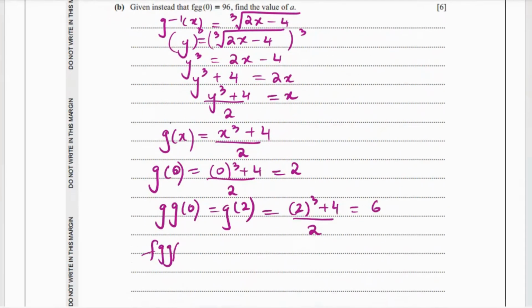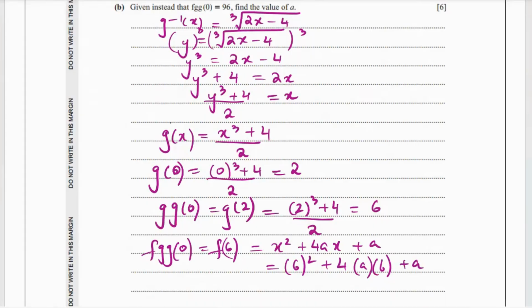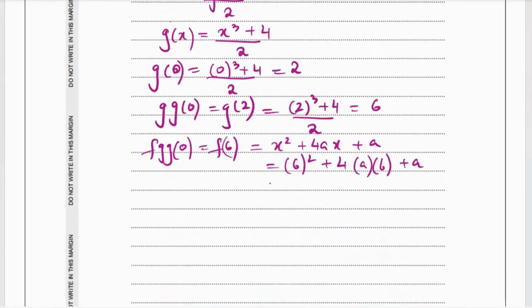F of g of 0 is f of 6, and that's going to be x squared plus 4ax plus a. Substitute the value of x as 6 because that's the new domain. That's going to give us 36 plus 24a plus a.